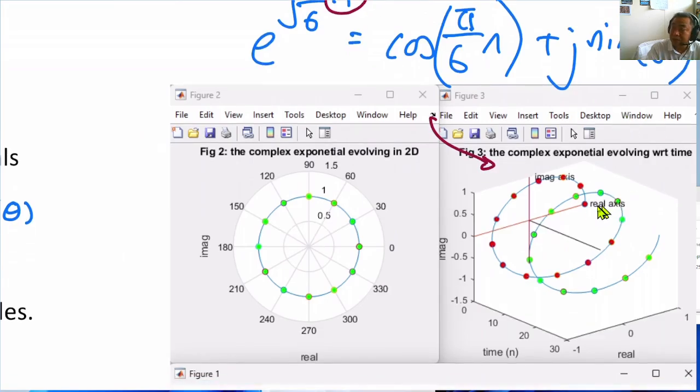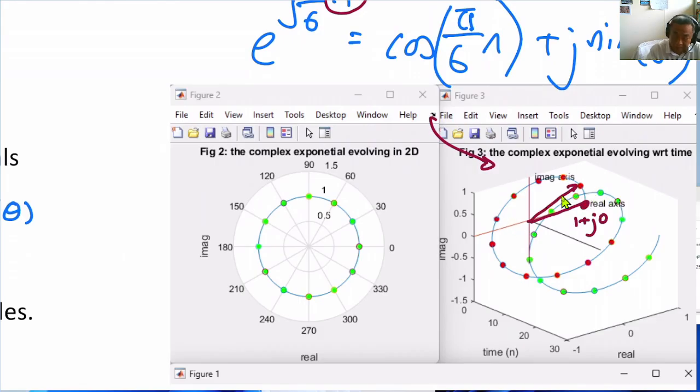You can actually see that when n equals 0, cosine 0 is 1 plus j sine 0, and sine of 0 is 0, so it's j0. So the first sample that we get is 1 plus j0. This point over here is the first sample. Then as we increase n, this will be the second sample.